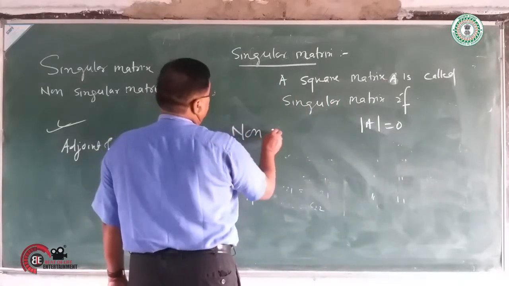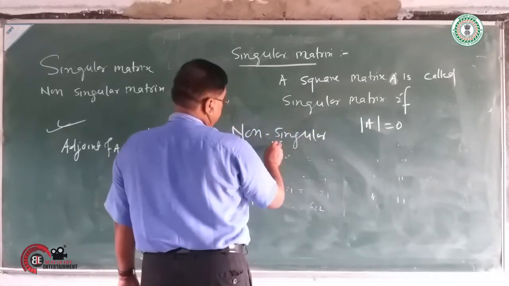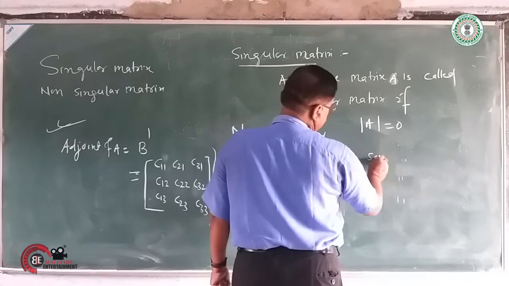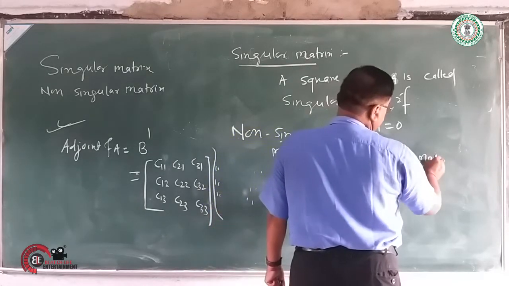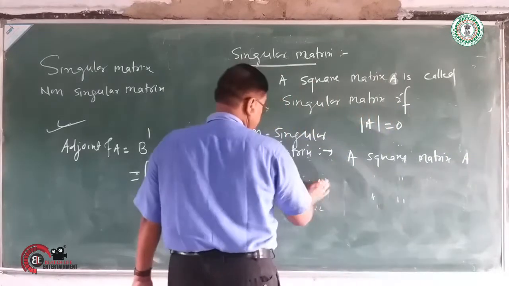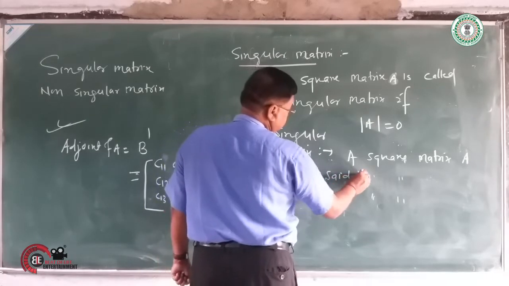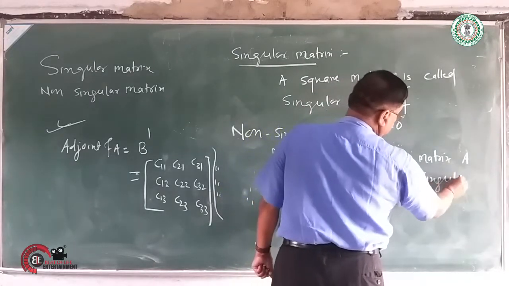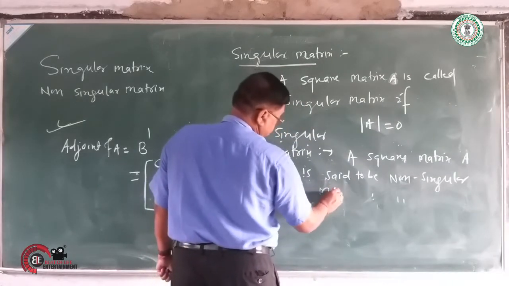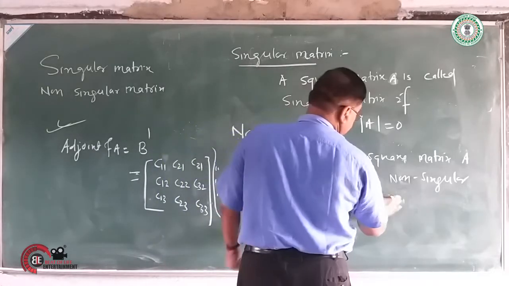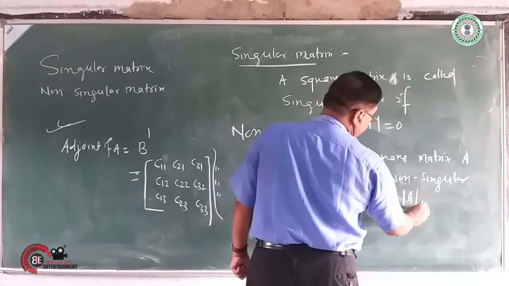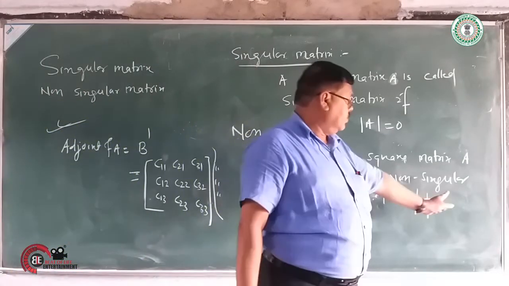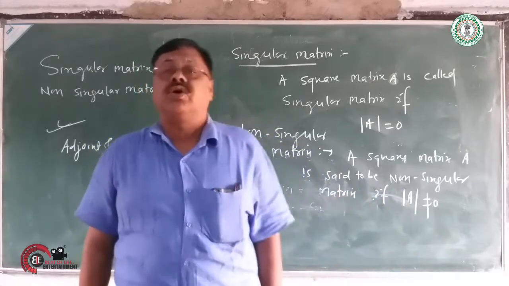Non-singular matrix. A square matrix A is said to be a non-singular matrix if the determinant of A is not equal to 0.